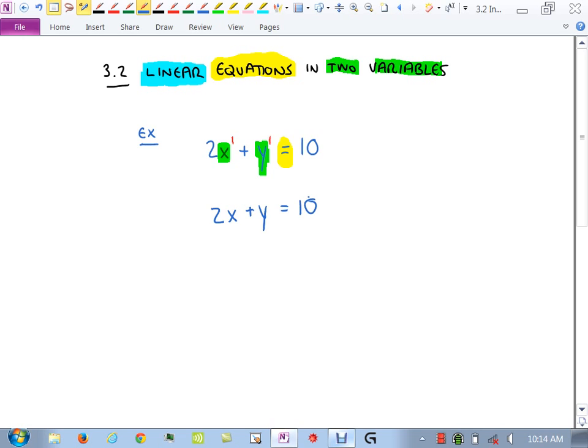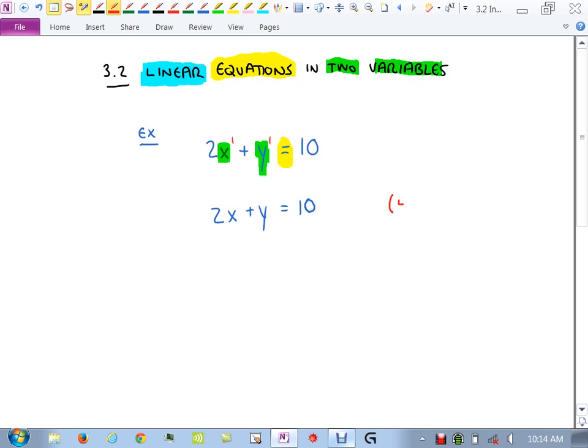I would like somebody to give me an example. Mentally, try and figure out if you can determine an x and a y that would make this equation true. Somebody try and give me an x and a y that makes this true. 4 and what? 2? Do you all agree with that? Let's see.